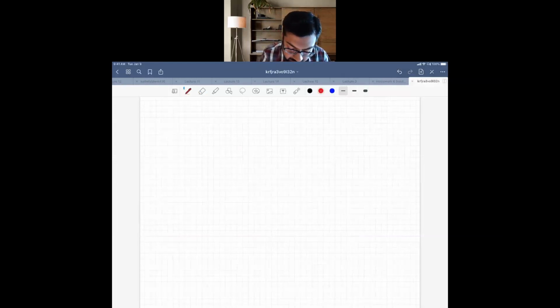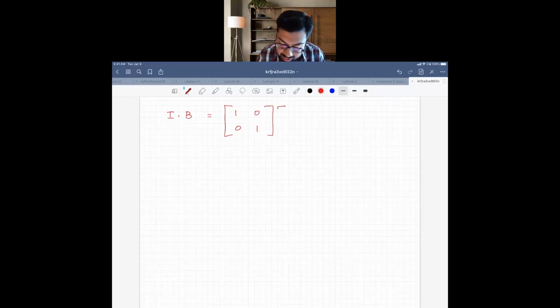Let us say I have an identity matrix multiplied by any matrix B, right? Let us take a 2 by 2 case. So I have 1, 0, 0, 1 multiplied by any arbitrary matrix, I will say some A, B, C, and D. It could be any matrix here. So what does this give you?